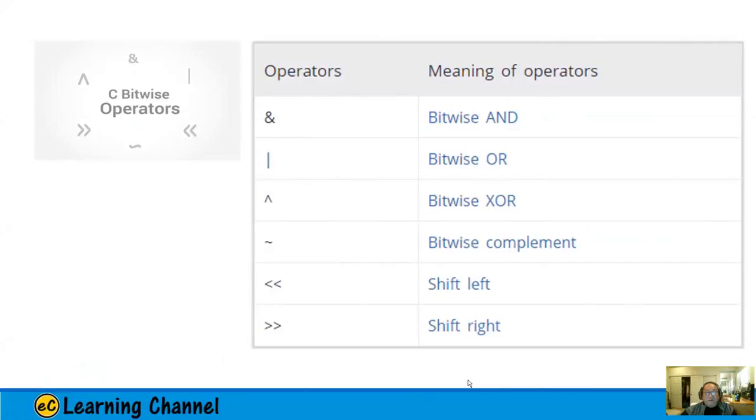What's the function? Okay, I explained the AND and OR already, right? The next one is bitwise exclusive OR. Bitwise exclusive OR means what?